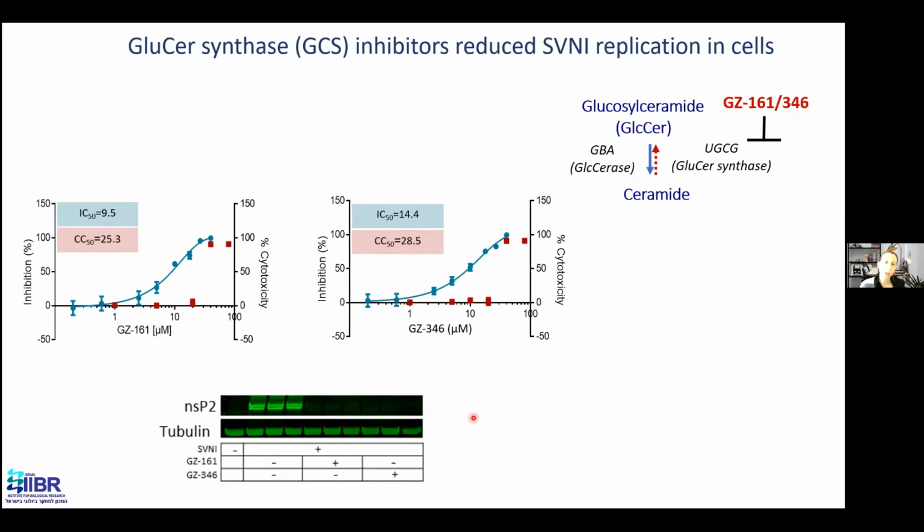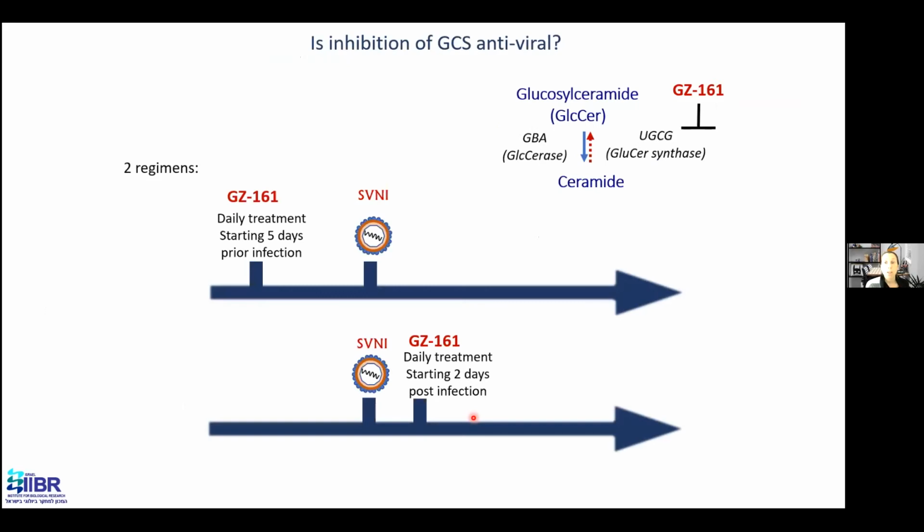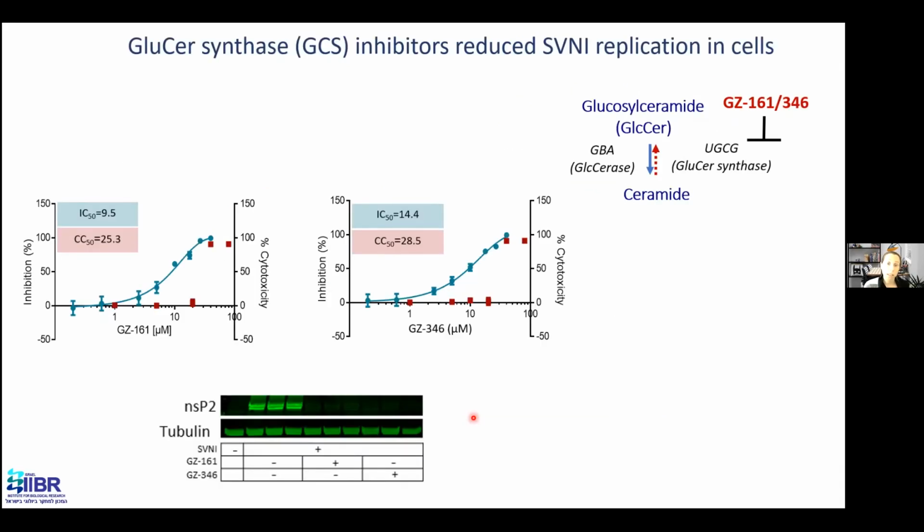So we see that both of them inhibit the translation of this protein. So we realized that the synthesis of glucosylceramide, or not necessarily glucosylceramide but glycosphingolipid, so inhibition of glycosphingolipid synthesis, is important for viral replication, and that can explain why the virus induces it upon infection, because it probably needs it for its replication.